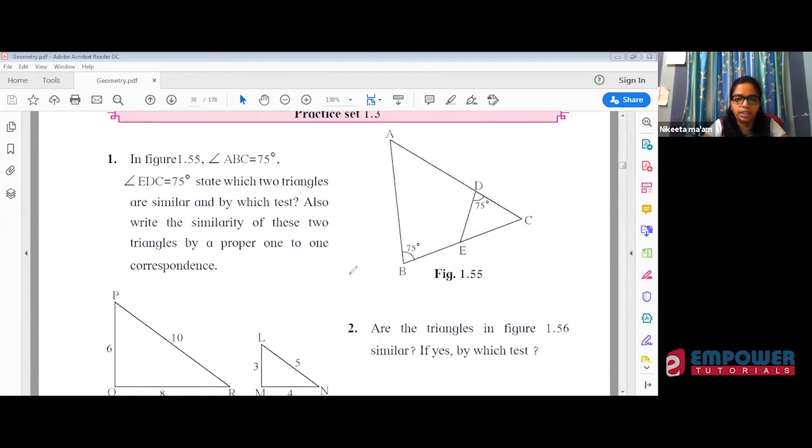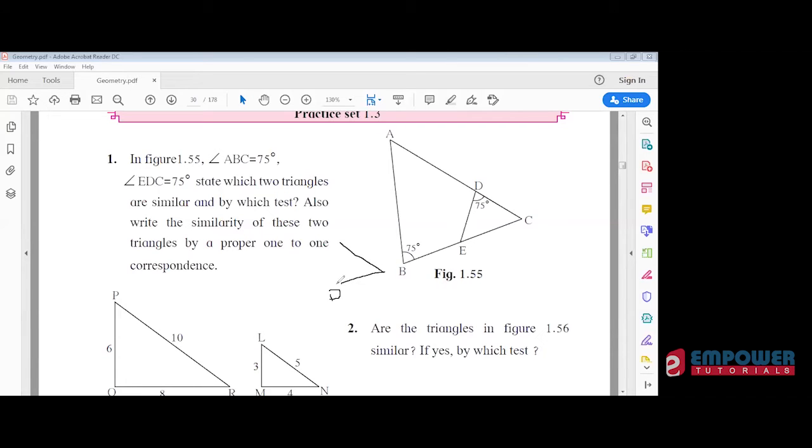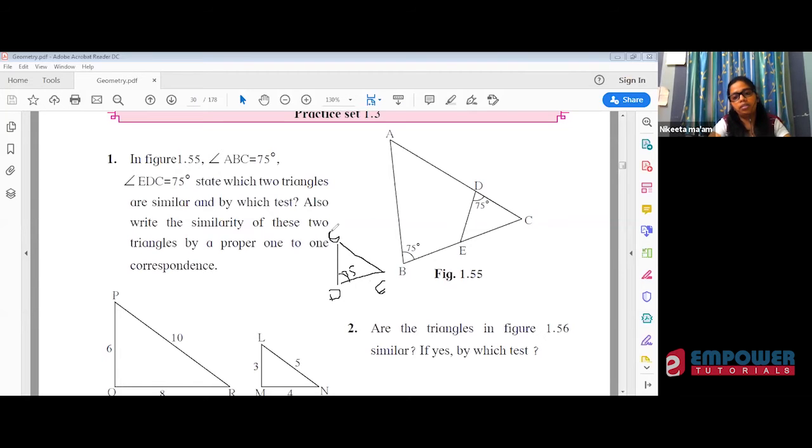Let's suppose this is your D. Okay, so this is your D, and then this is C. This is E. So I have done this like this.